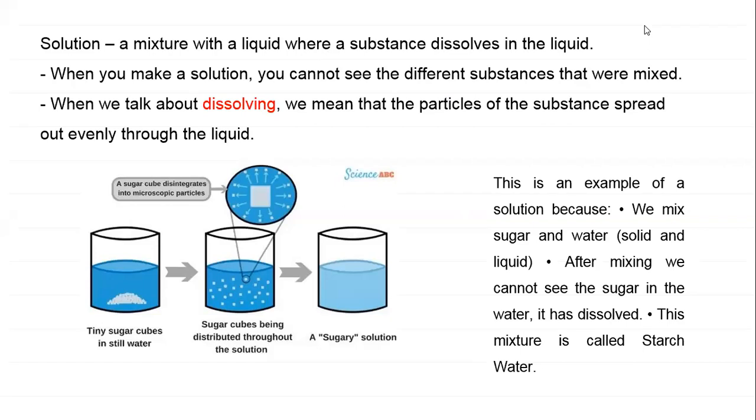Okay, so now this is an example of a solution. We mixed the sugar and the water. The sugar is a solid, the water is a liquid, and after mixing it, which is the second beaker, we say we are dissolving it.